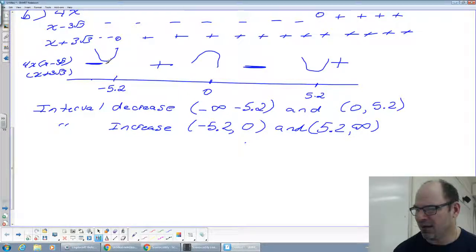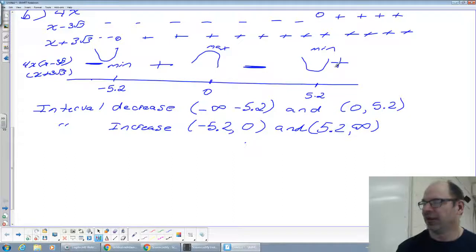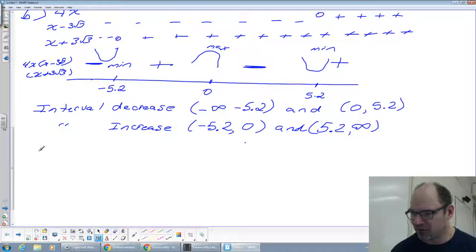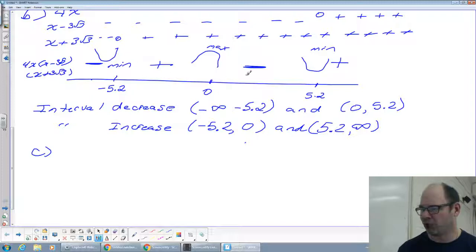So this is a min, this is a max, this is a min. Now we can plug these numbers in to get the y value for our maximum and minimum values, or we can use this technique here.